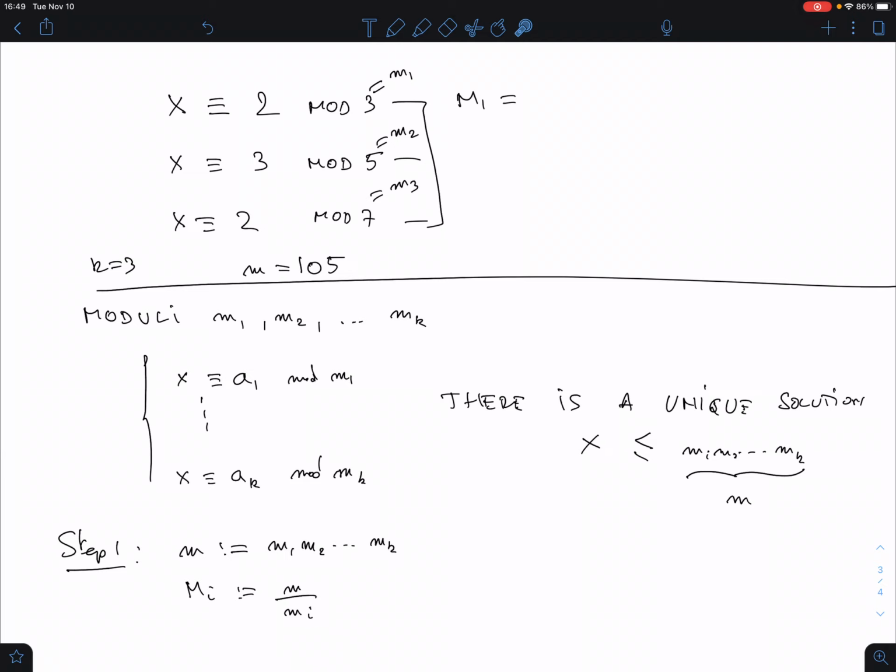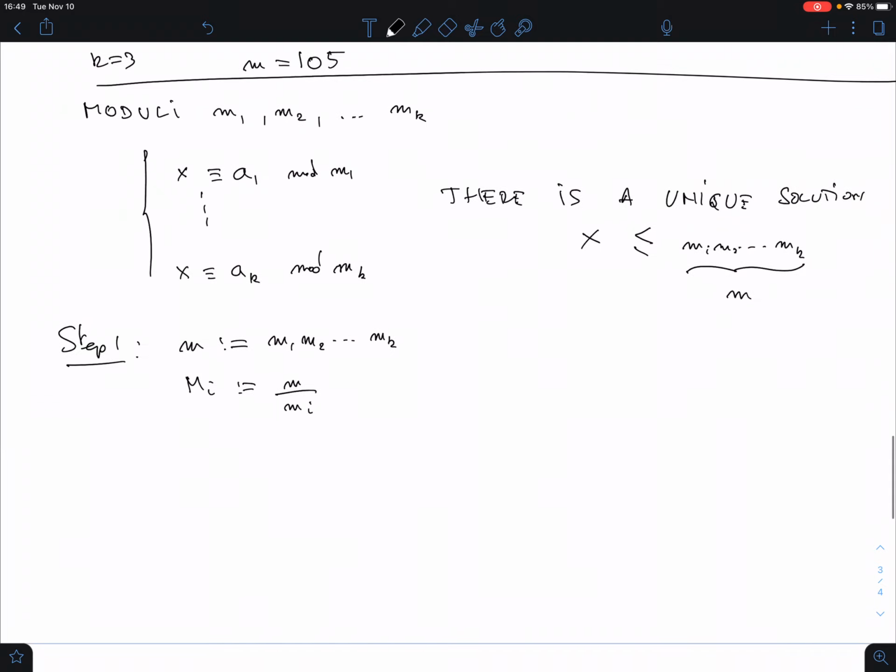Because it's all of them, that's little m, and then you divide away the ith one. So Mi is the product of all the others. So M1 is 5 times 7, this is 35. What is M2? It's the product of the 2 other ones, 3 times 7, that's 21. And finally, what is M3? M3 is 3 times 5, that is 15.